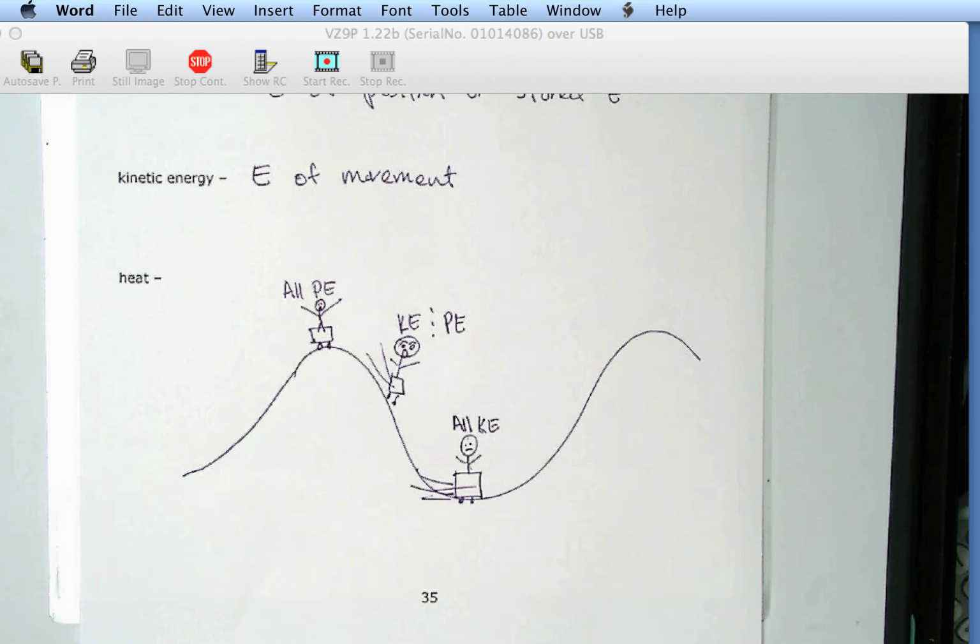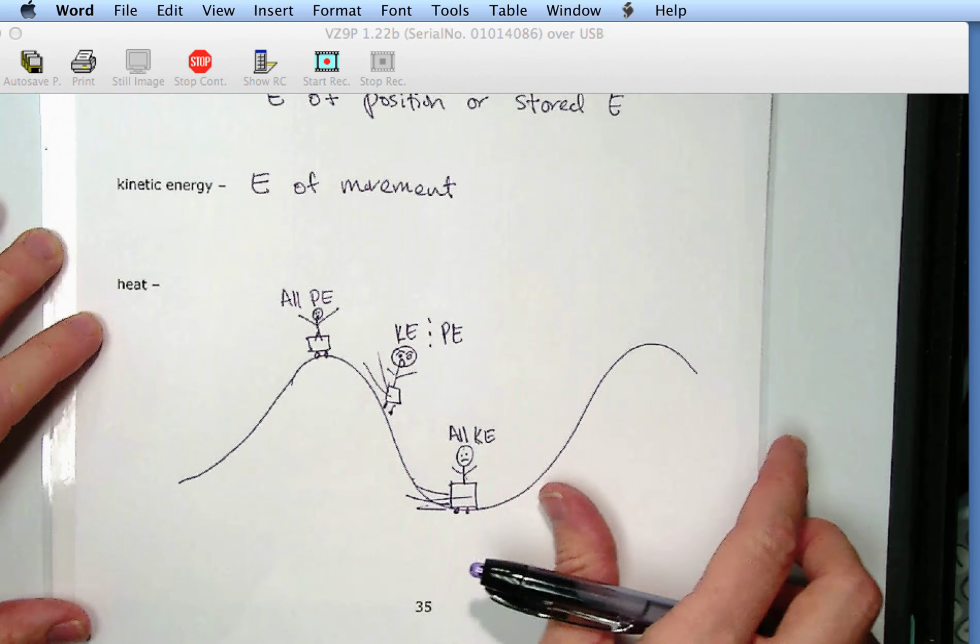You don't have the energy of position. You're not at the top of the hill. So depending on where you are or what movement you have, you might have a combination of potential energy and kinetic energy, or you might have all potential energy, all kinetic energy. It just depends.